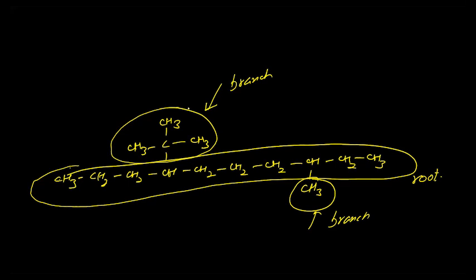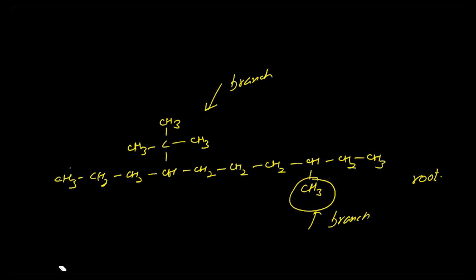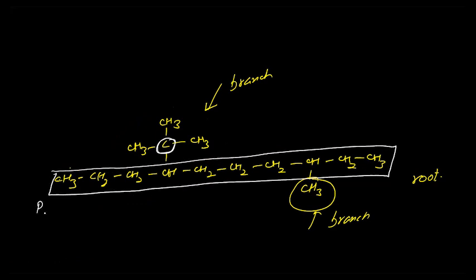For that, the rules are that the carbon which is attached to the main chain root will always be numbered as 1. So numbering will start from here.